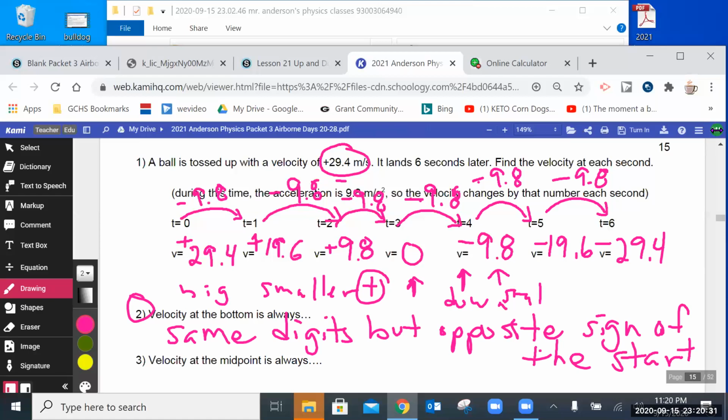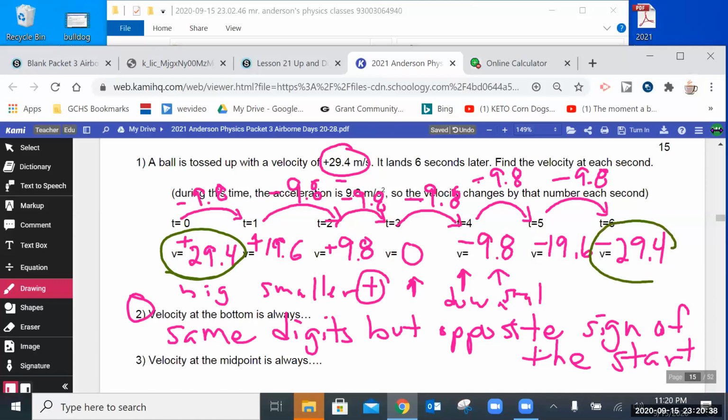So in our example here, we started off with positive 29.4. We ended up with negative 29.4. The same digits of 2, 9, and 4, but the opposite sign, showing that it's going down at the end, which makes sense.